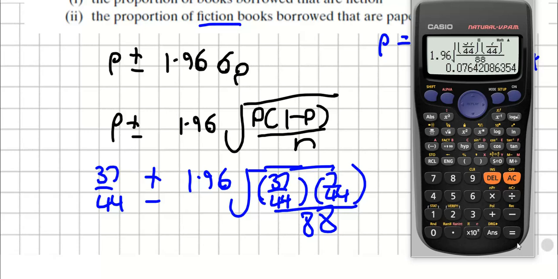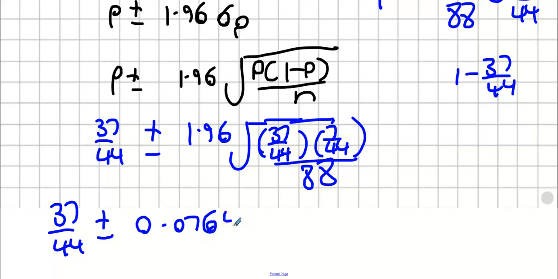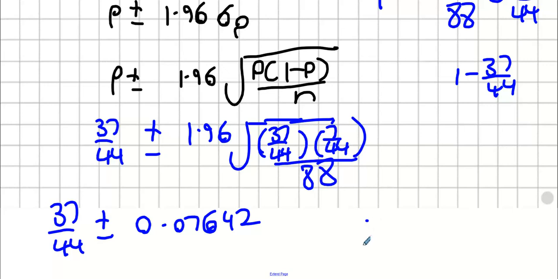This is question 14, isn't it? Yeah. Okay. So that's 37 over 44 plus or minus, what did we say it was again? 0.07642, yeah? And when you do that, you'll get an answer of 0.764 less than P less than 0.917. And we get that?